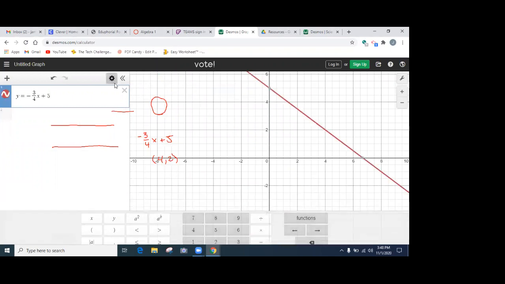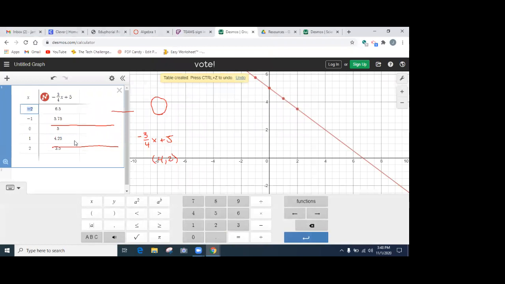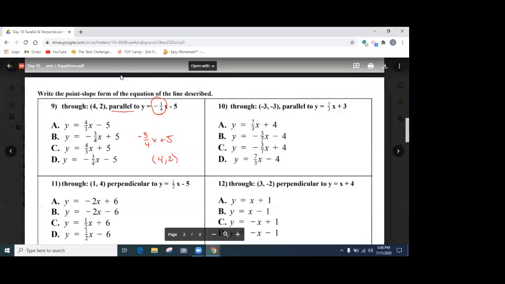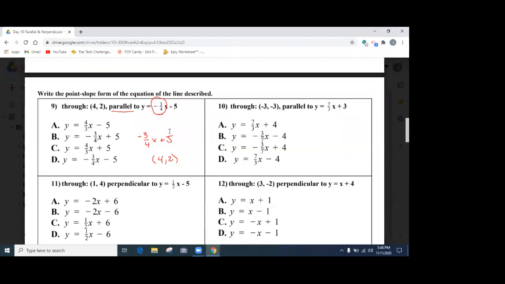All right, so we're going to hit our settings, and I will go ahead and erase this out of the way. All right, so we want to type in 4 and see if we get 2. So 4, do we get 2? Yes, we do.